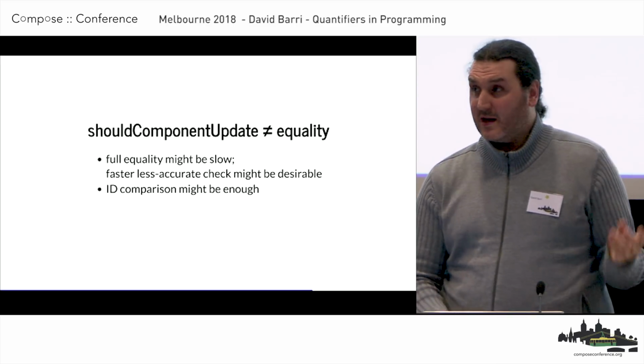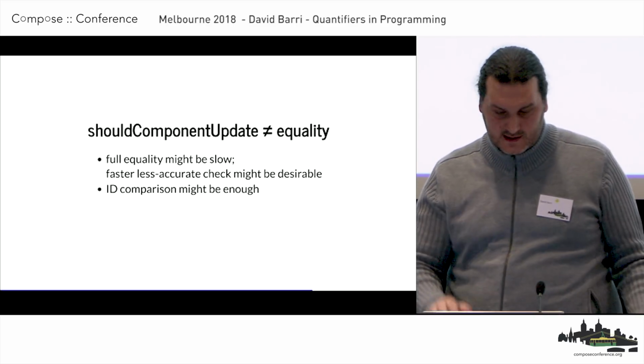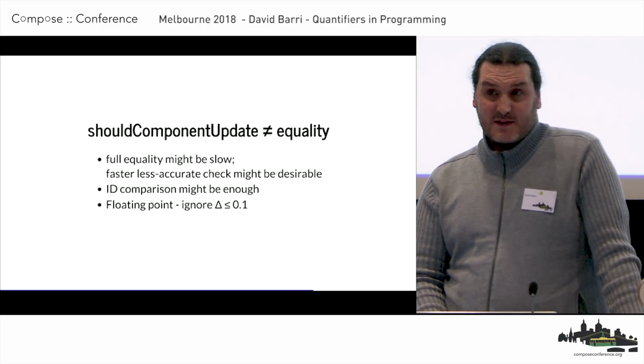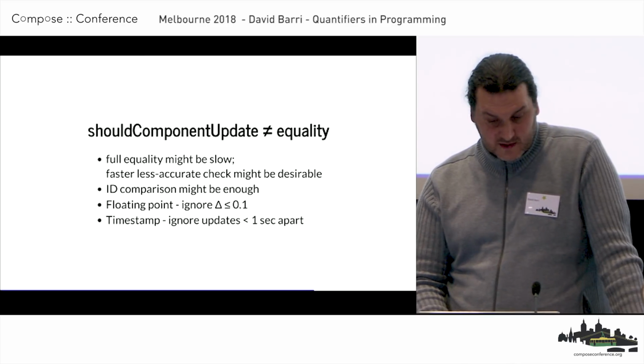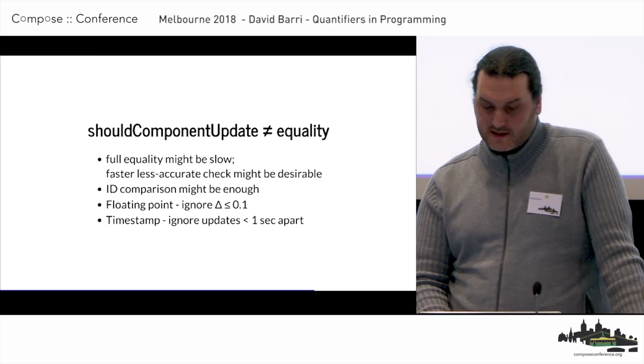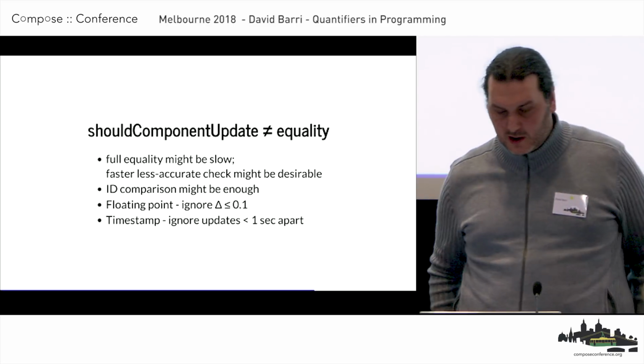Similarly, if you've got a really big model, you might just want to look at the ID and say that's it, if it matches or if it doesn't. If you're using floating points, you might have some kind of tolerance. With timestamps as well, you might want to say, I don't want to update unless the timestamps grow beyond 1 second apart.